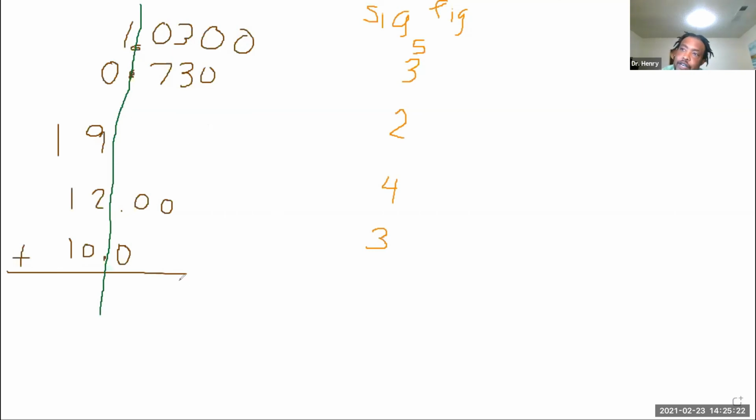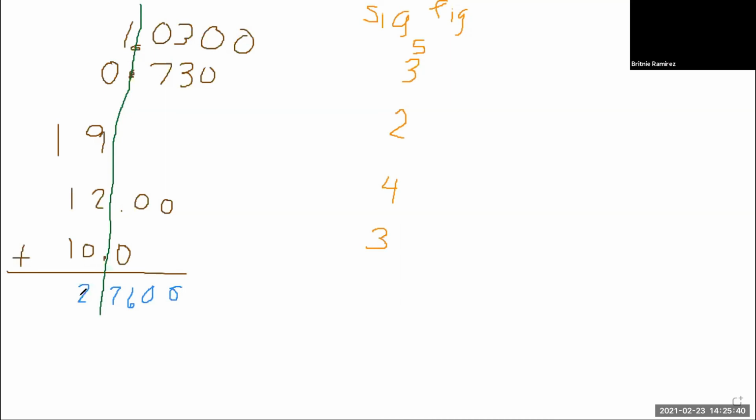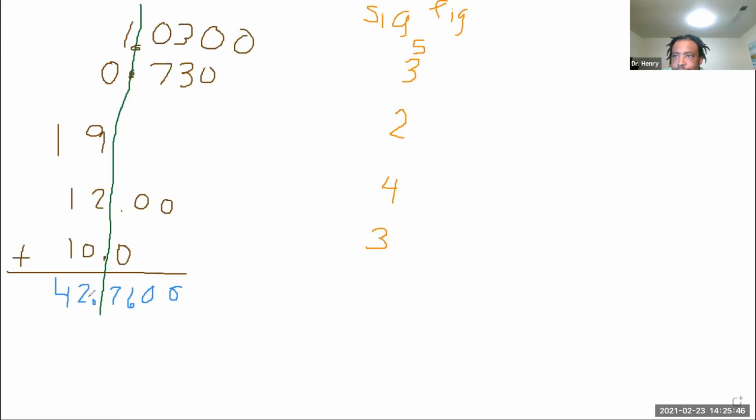So we have 0, 0, 6, 7, 2, 4. And our decimal point would be right here. So it would be 43. That is correct. So the answer would be 43. And how many sig figs would that be? 2.